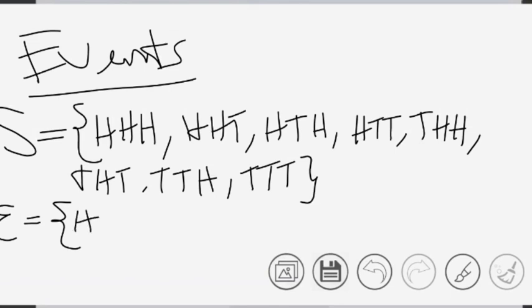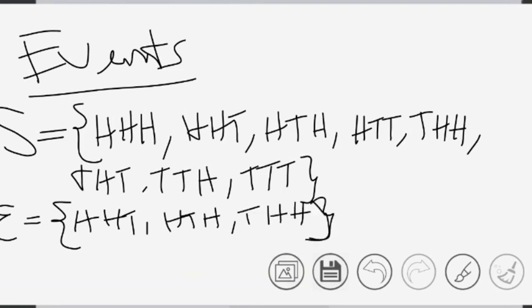That is head head tail, head tail head, tail head head, and that is all that I have. That means the set of possible outcomes having just two heads showing up could be event one, if I'm going to have more than one event. When head does not show up at all, that means tail, that's another event entirely.